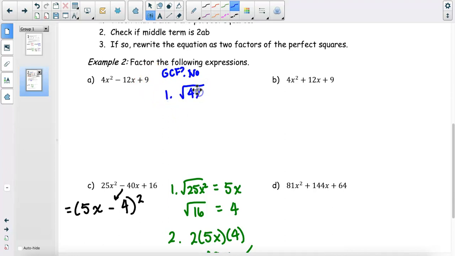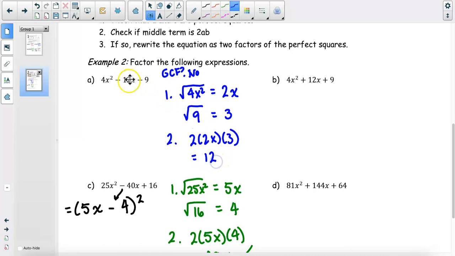The square root of 4x squared is 2x, and the square root of 9 is equal to 3. Okay, so far so good. So let's see if multiplying 2 by these two terms works. 2 times 2x times 3 is equal to 12x. Since that is this middle term here, that is excellent, and we can utilize our nice shortcut.